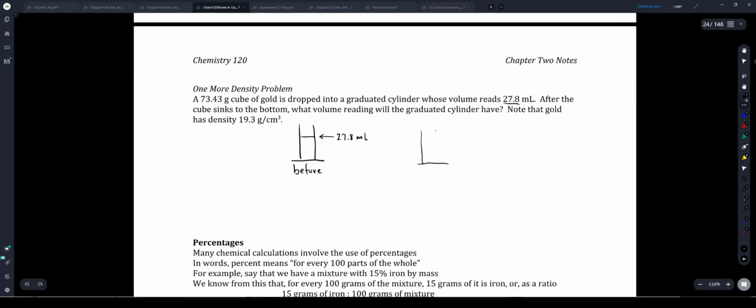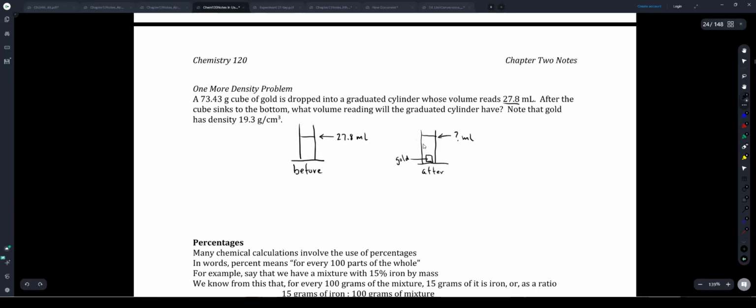what always happens to the volume when you put something in it? Except for maybe a sponge, the volume will go up. You've got your gold down in the bottom. So we want to know how many milliliters this is. So if I added the gold to the water, what is the volume of the water before and after?